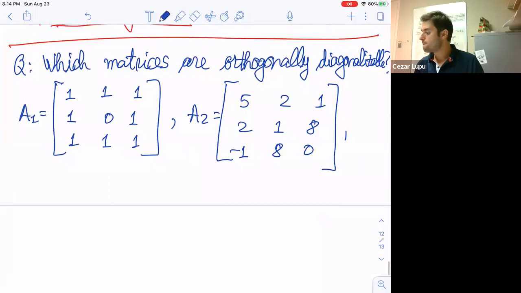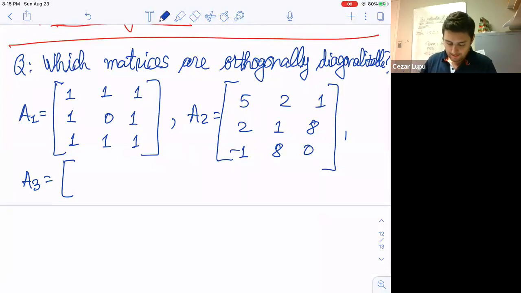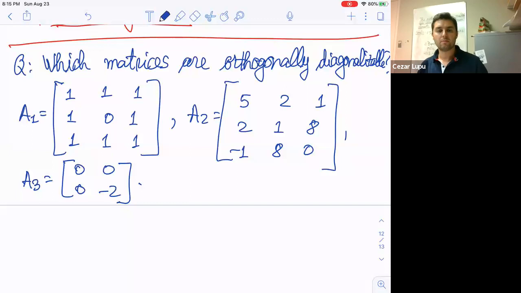And now A3, a 2 by 2 matrix. It's easy. Let me take another one: 0, 0, 0, negative 2, for example.